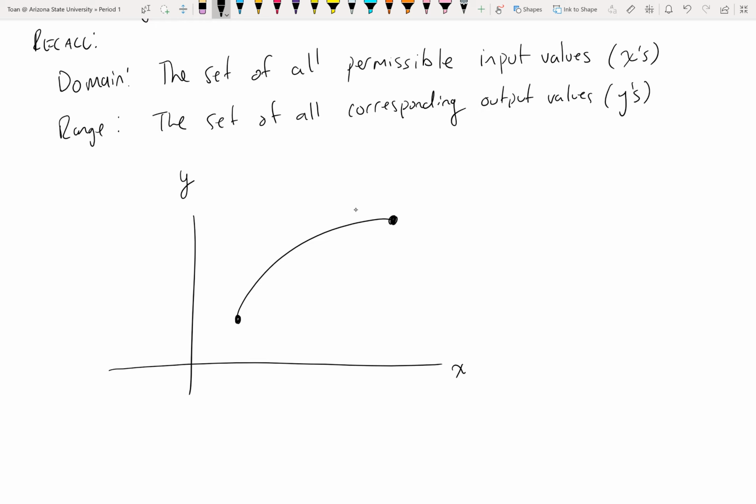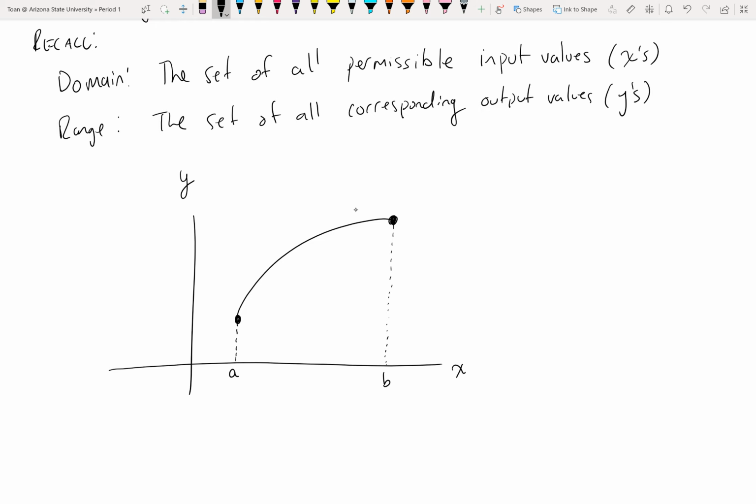So if you are staring at a graph right in front of you, and you want to know the domain and range, by definition, the domain is the set of all x values that this guy takes. So if you have a graph in front of you, hopefully it should be very easy to read what this x value is. Let's just call it A. And hopefully it would be very easy to read what this x value is.